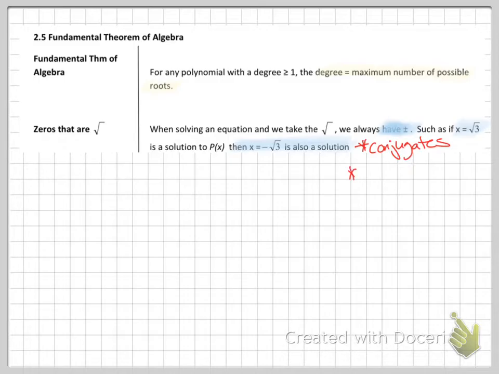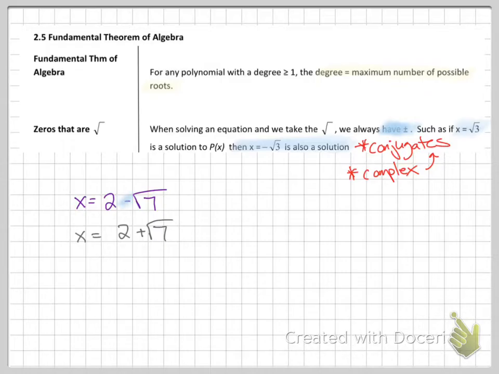I mentioned it earlier, complex solutions do the same thing. They have conjugates also. So just to get the point across, if I tell you x equals 2 minus root 7 is a solution, then you would come in with your pencil before you get started and say, oh, that's right, that means x equals 2 plus root 7 is also a solution.